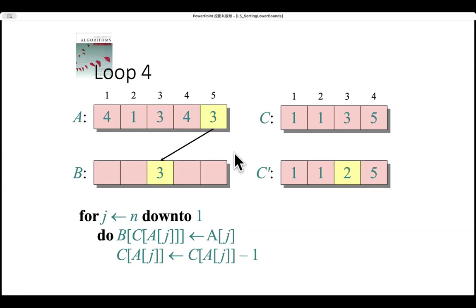We put these numbers using the accumulated index, starting with the largest index of each number, because we are going in the backward manner. So this fourth loop is actually designed carefully to maintain the stable sort property.